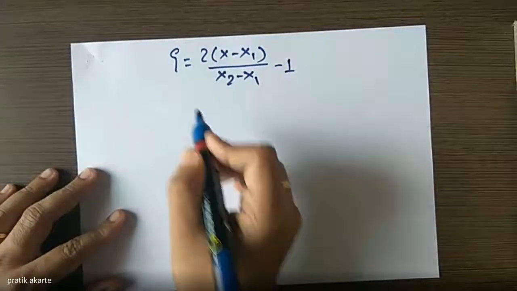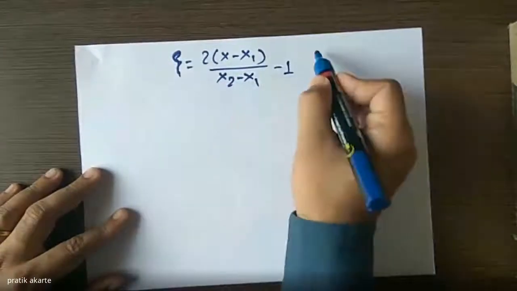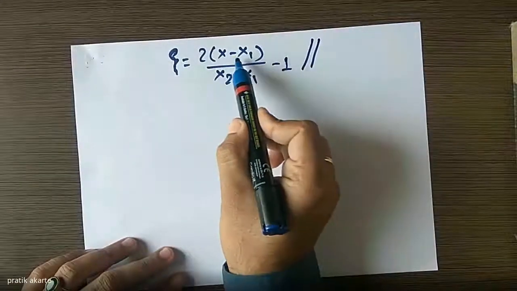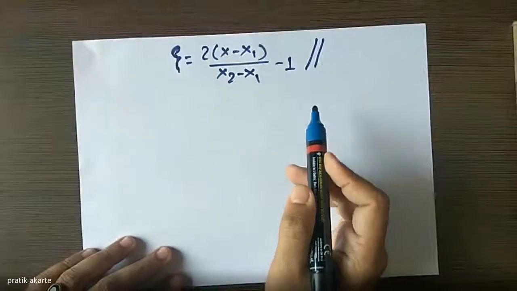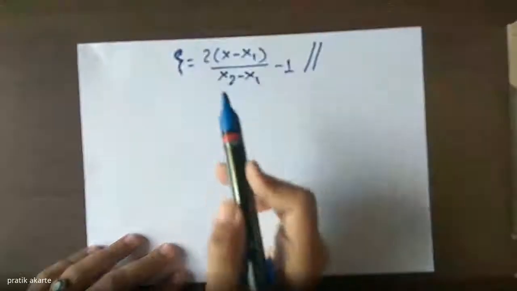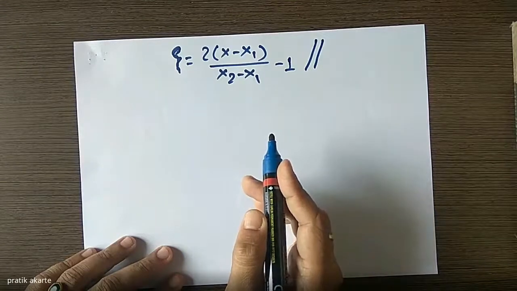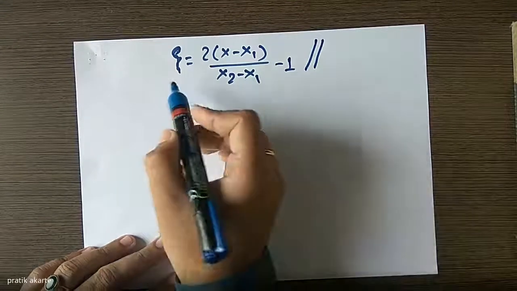By this equation, we have formulated the relationship between the global coordinate x and the natural coordinate zeta. Okay, so this is our intention.